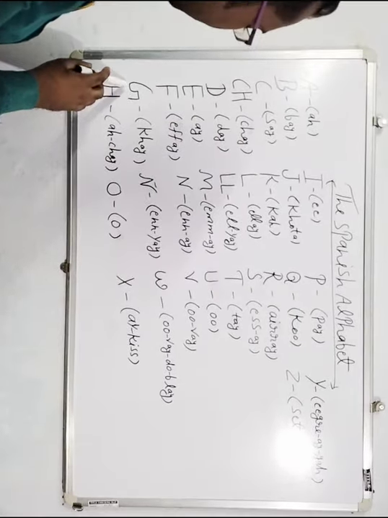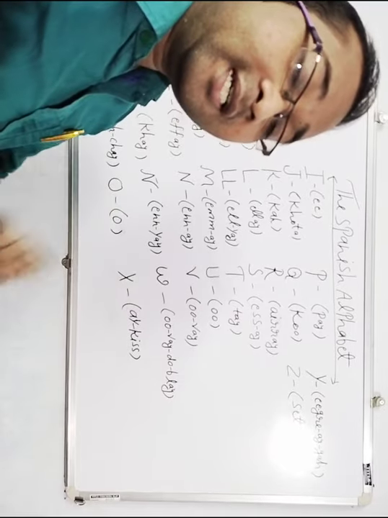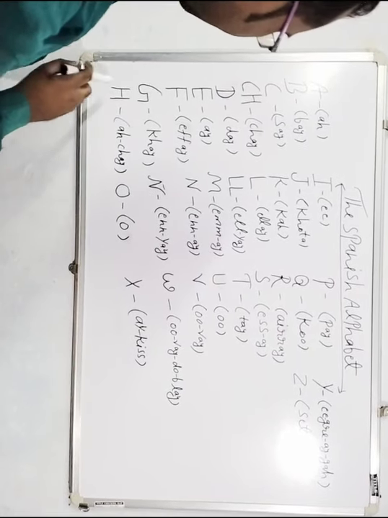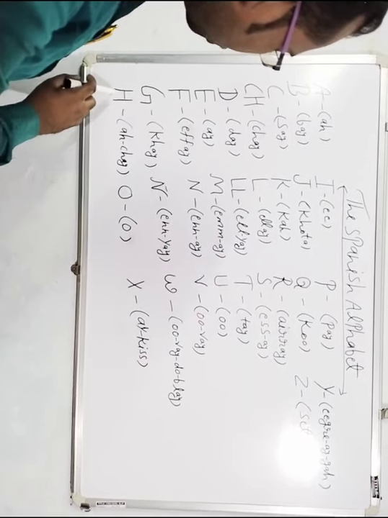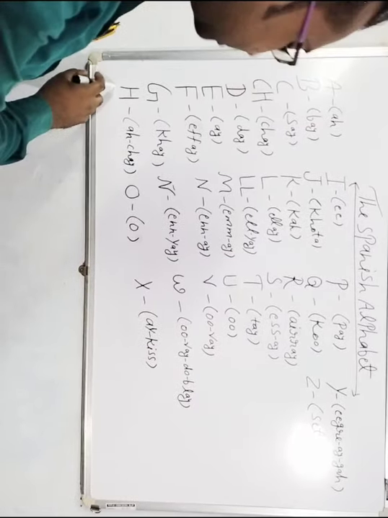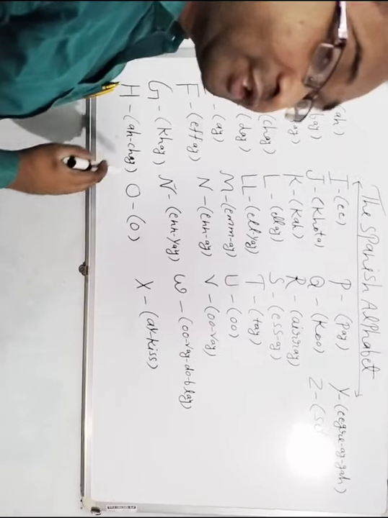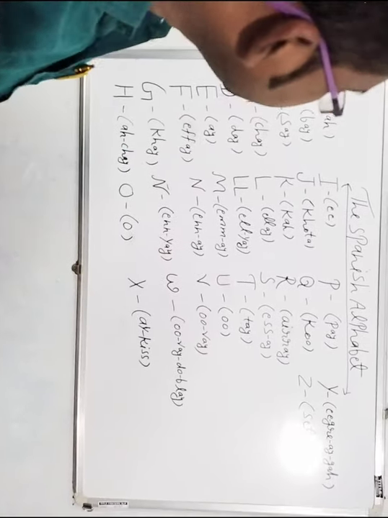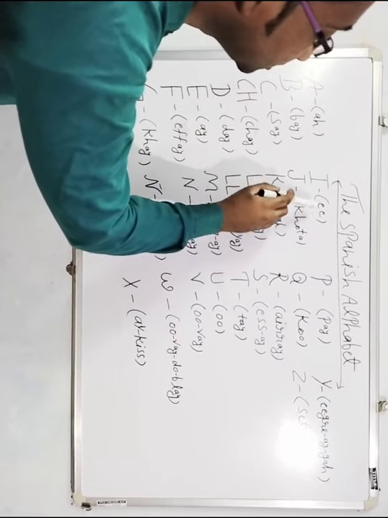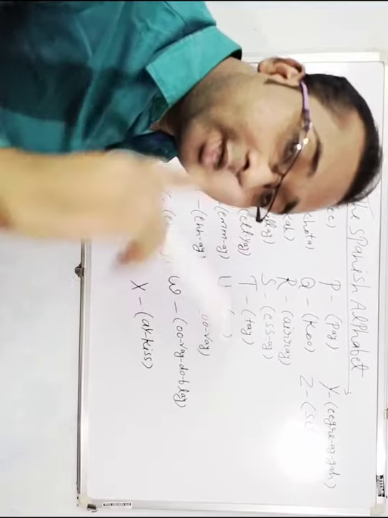In English, this is pronounced G, but in Spanish, G is pronounced K, not G, K. And next, H. H is pronounced in Spanish H. In English, this is H, but in Spanish, H is pronounced H. And next, I. I is pronounced in Spanish language E.